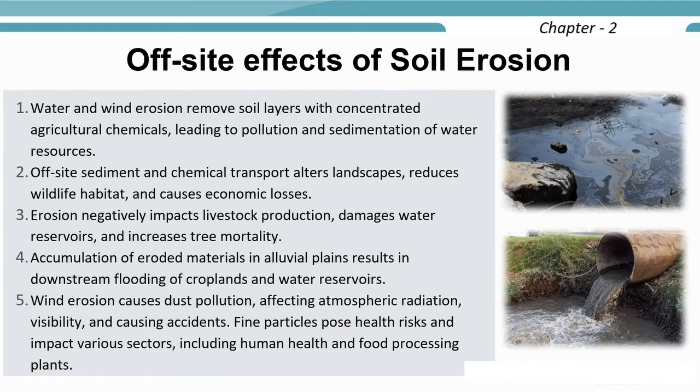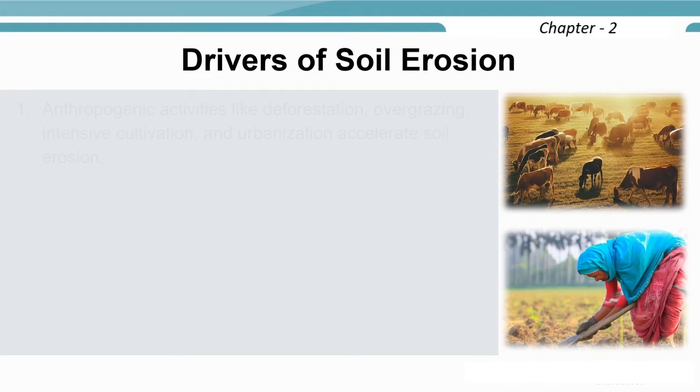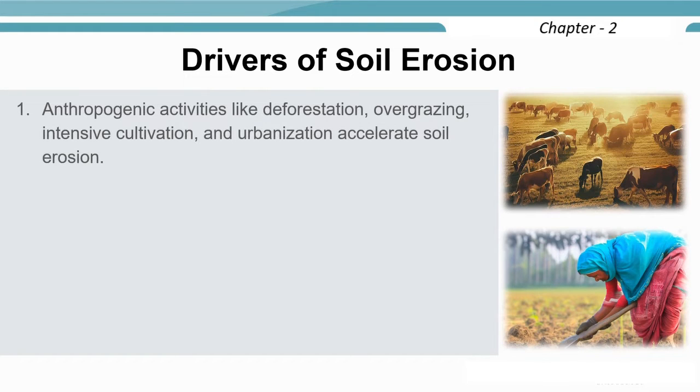So what are the drivers of soil erosion? Anthropogenic activities like deforestation, overgrazing, intensive cultivation, and urbanization have significantly accelerated soil erosion. The forest areas are reducing and the agricultural areas are increasing in order to meet the increasing demand for food.